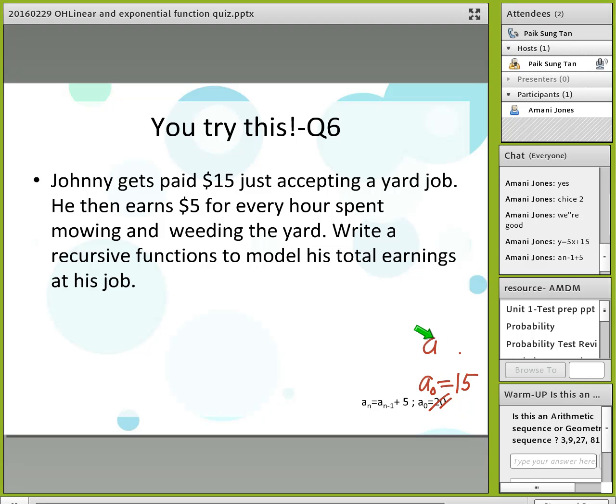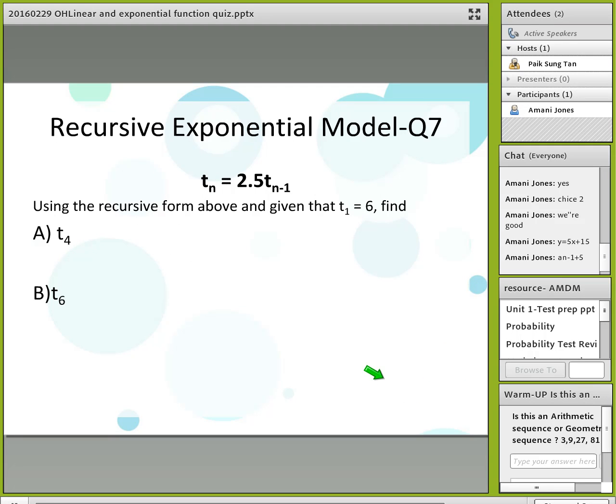Sometimes you could actually say a sub 1 is 20. Sometimes you could tell people what a sub 1 is. The goal of this additional information is so that you know where to start. What number do I start with to start adding 5? Okay. Great job.